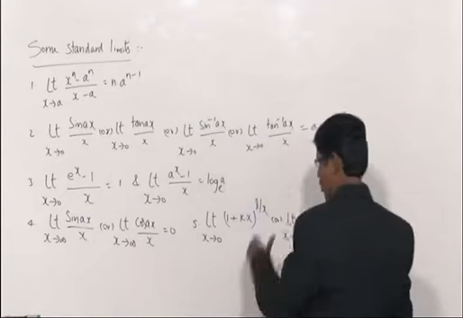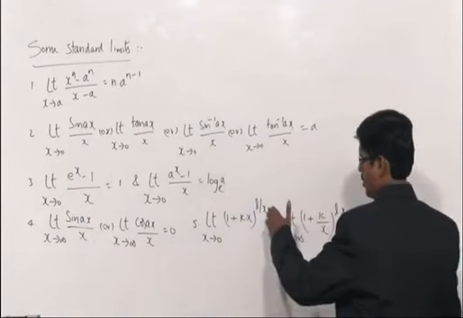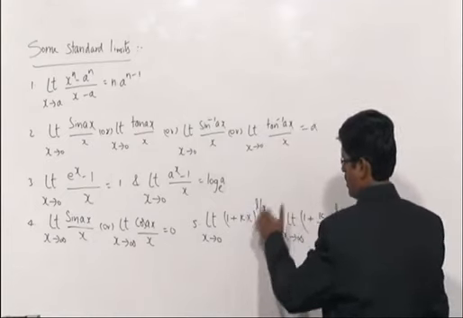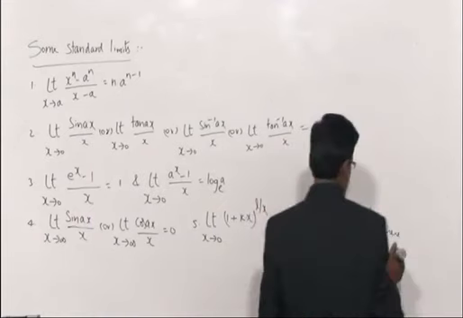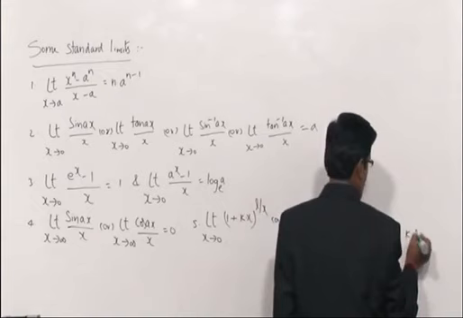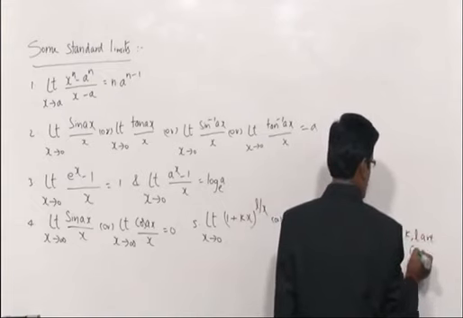But in your lower standards, it is given as 1 plus x raised to 1 upon x, like that. But I have given the standard generalization where k and L are constants.